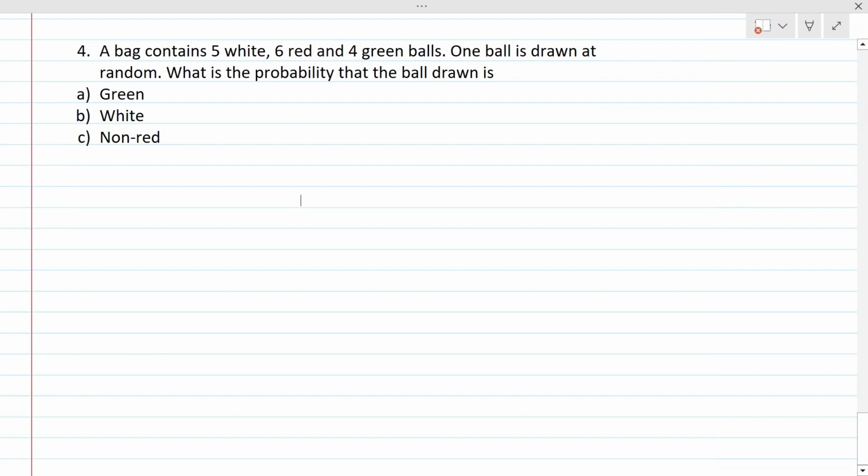The first step is to find the total number of possible outcomes. How many balls are there? 5 white, 6 red and 4 green. So we have 15 balls in total, so the total possible outcomes are 15.